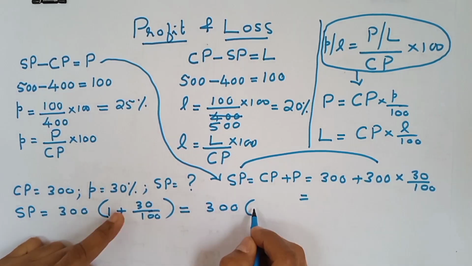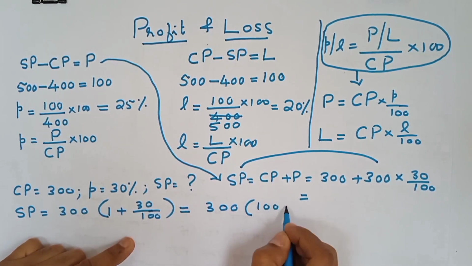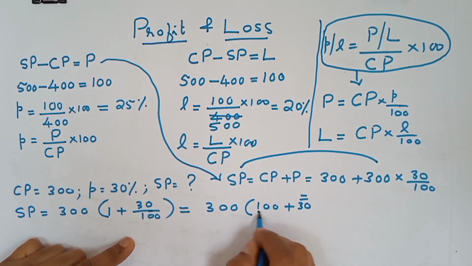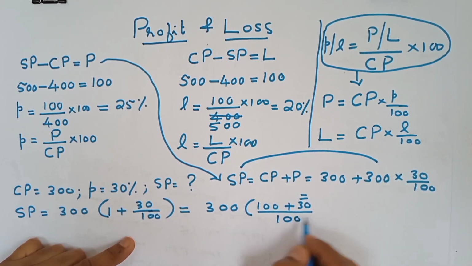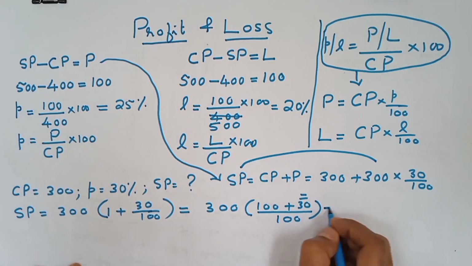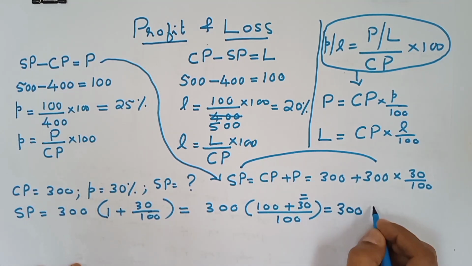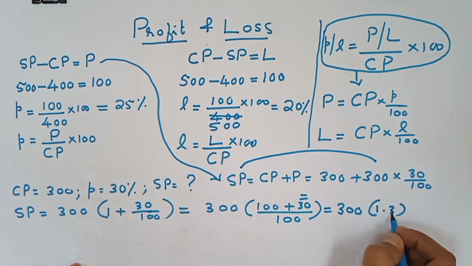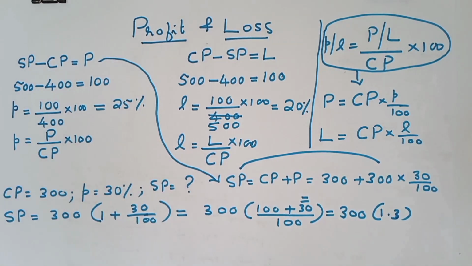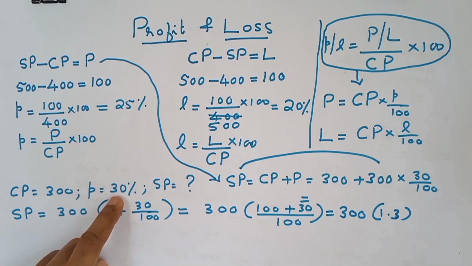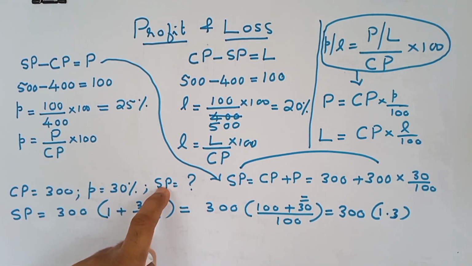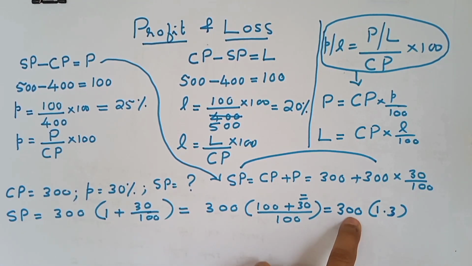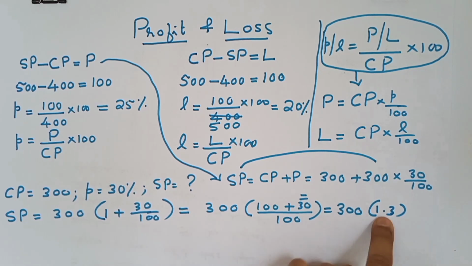How do you simplify this? That's equal to 300, and on simplification you will get 1.3. So finally, what do you observe? Given CP and profit percentage, to find out SP, you write CP here and that into 1.3.